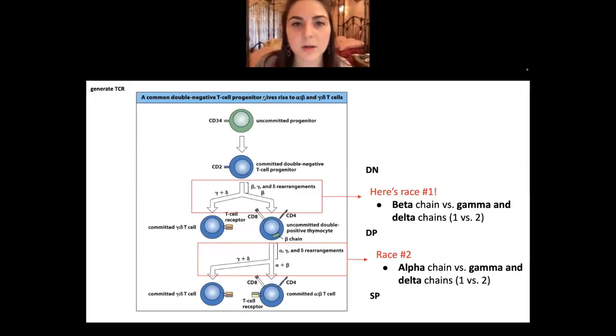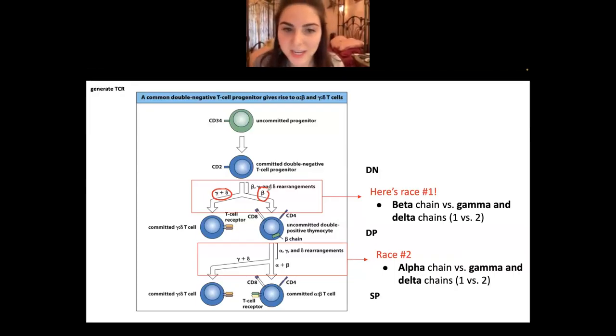So here is our progenitor stem cell. I told you it goes from the progenitor to double negative to double positive to single positive. When we have our double negative T cell right here, we have our first race for rearrangement. Basically it's going to be the beta chain versus both gamma and delta.